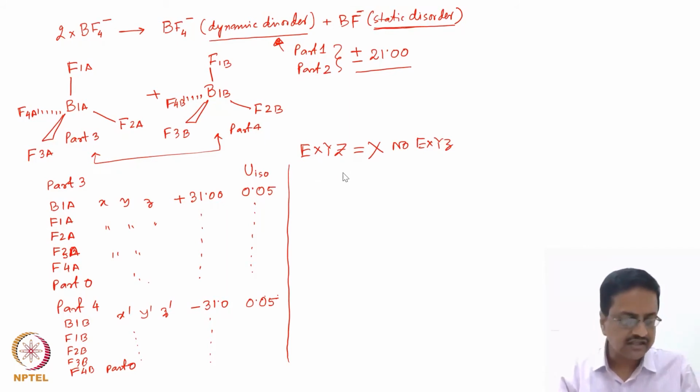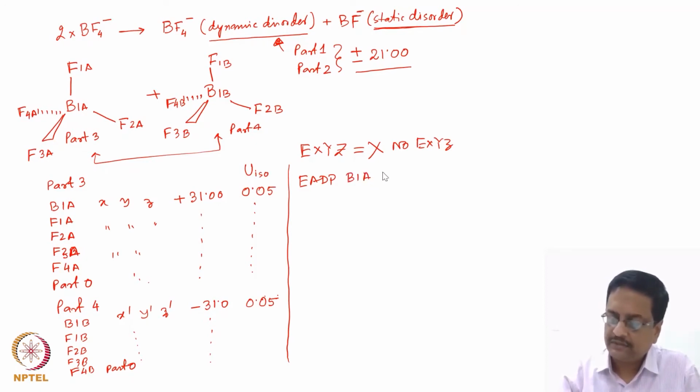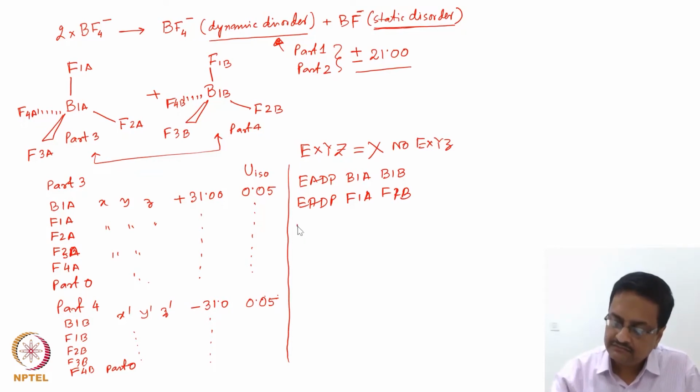For easy understanding or easy refinement of the structure, we should use the EADP command for those atoms which are similar. So we should do EADP P1A is same as P1B, EADP for F1A same as F1B, and like that, EADP for F2A is equal to F2B and all of those.